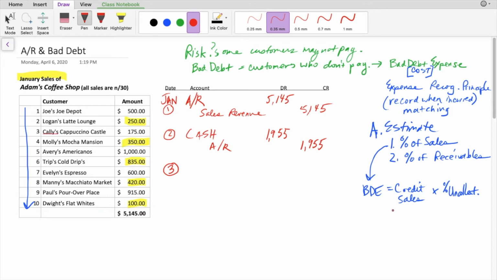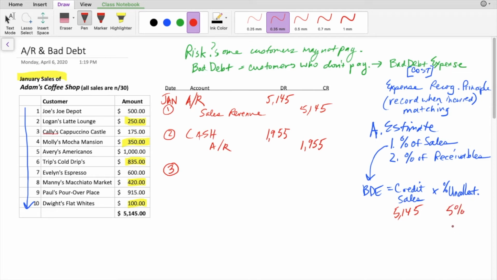Now, for our calculation here, our credit sales for the month were $5,145. Okay? We sold $5,145 worth of stuff to our customers on account. And we expect, this is an estimate, we're going to throw out a number here. Let's say that we expect 5% of that to be uncollectible.